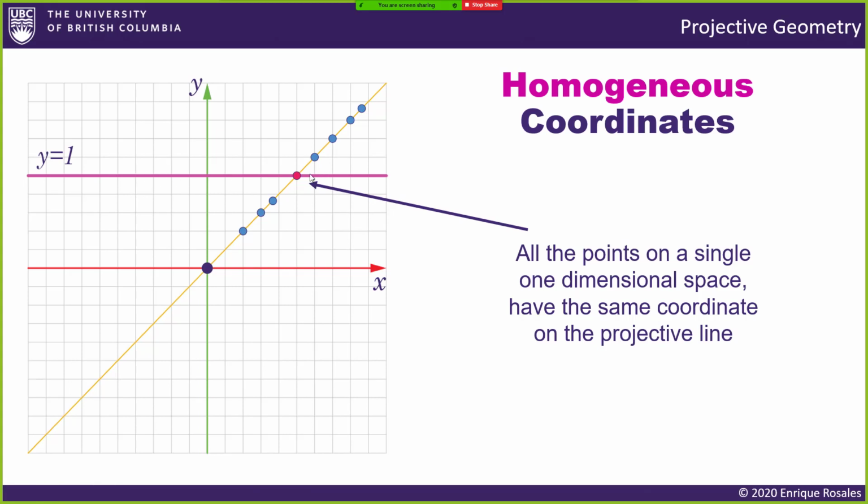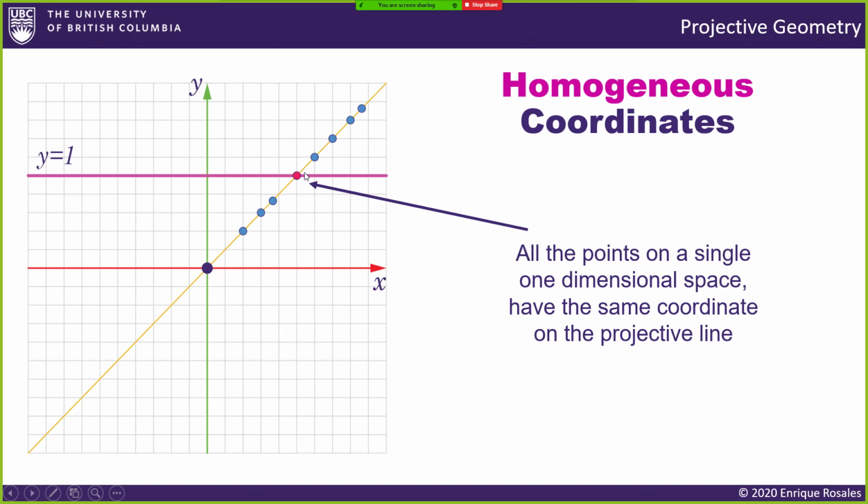So what I was saying is that it doesn't matter the position in 2 dimensions of any of these points in this line, it doesn't matter its 2D coordinates when they are mapped into this space. Imagine that when we translate homogeneous coordinates from 2 dimensions to Euclidean coordinates from 1 dimension, it's like collapsing the space, right?